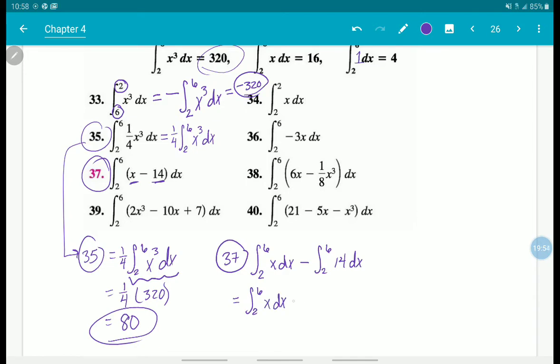So I'm going to keep that first one, but this 14 times dx, we could think about pulling that 14 out and treating that dx as like a 1 dx. And we know the integral for that piece, and we know the integral evaluation for the other piece.